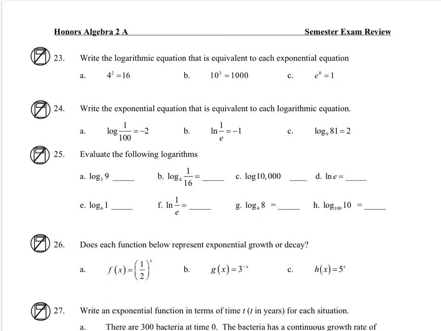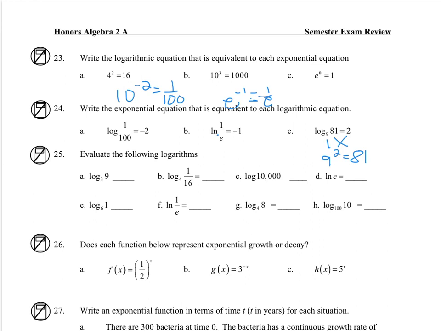So now the other way for 24, for A, that's 10 to the negative 2 is 1/100th. For B, the base here on the ln is e, so e to the negative 1 is 1 over e. And then for C, 9 to the 2 equals 81.